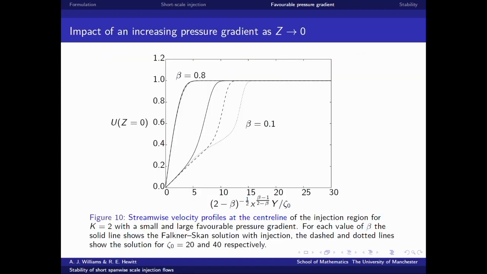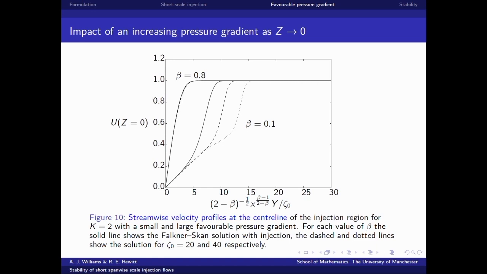You can see this when you look at the profiles of the velocity on the center line. When you've got a high pressure gradient above some critical value, here is the Falkner-Skan solution that you would expect, the parabolic solution. And here is with an increasing injection width.